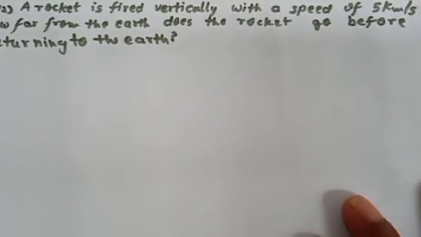Can you use the 3 equations of motion, v equal to u plus at and all that, to find how far the rocket goes? Then the answer is no, because those equations of motion are applicable only if acceleration is constant, and we know that with altitude, with height, acceleration due to gravity changes.